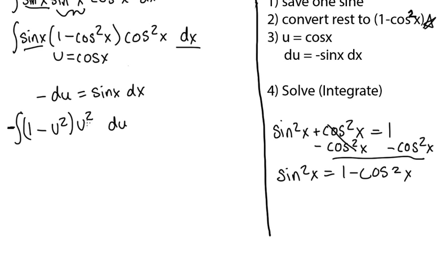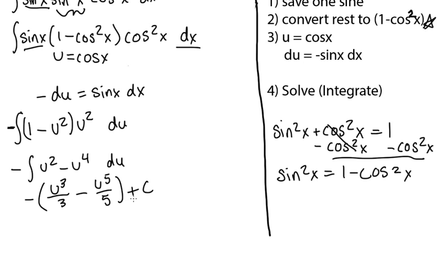Okay, so now I'm going to distribute this u squared in to get u squared minus u to the fourth du. And now I'm just going to integrate this, so this is going to be negative u to the third over 3 minus u to the fifth over 5 plus c.